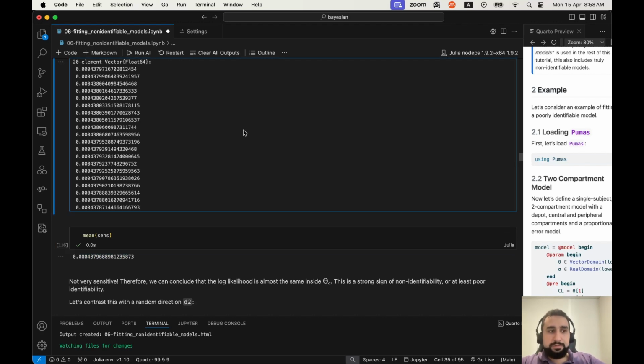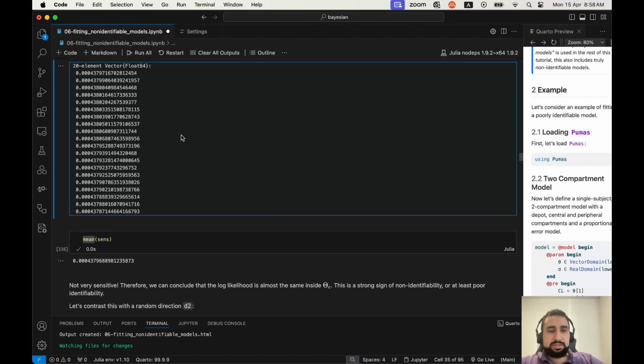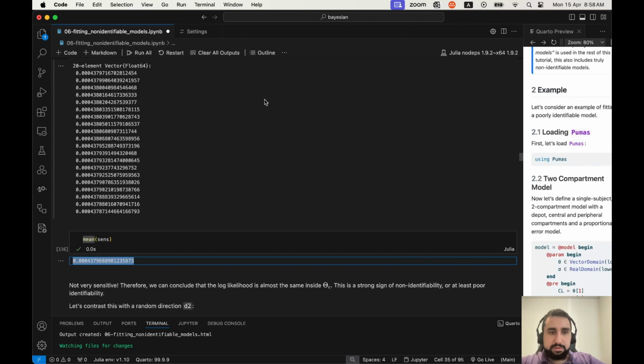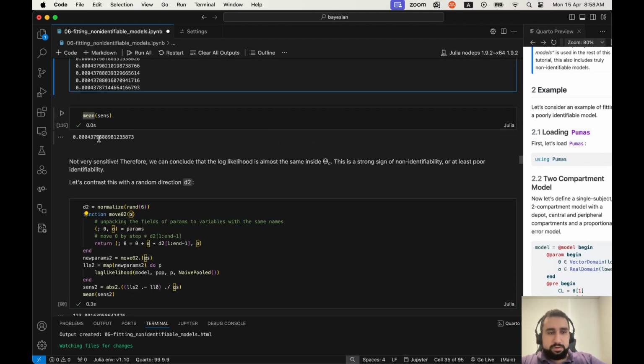Again, it's hard to be definitive. It's hard to know exactly when a model is truly non-identifiable with this test, but we can at least get signs of poor identifiability. So this is a pretty good sign of poor identifiability. To get an appreciation for whether or not this is a small number, let's do the same procedure, but this time for a completely random direction D2.